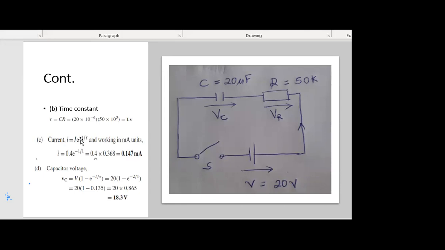So we can use one of the decay curve equations, I equals I0 exponential of minus T over tau. We have tau is 1, T is 1 second. Then we substitute. We have I0, we got 0.4 milliamps. So we substitute, we get that.